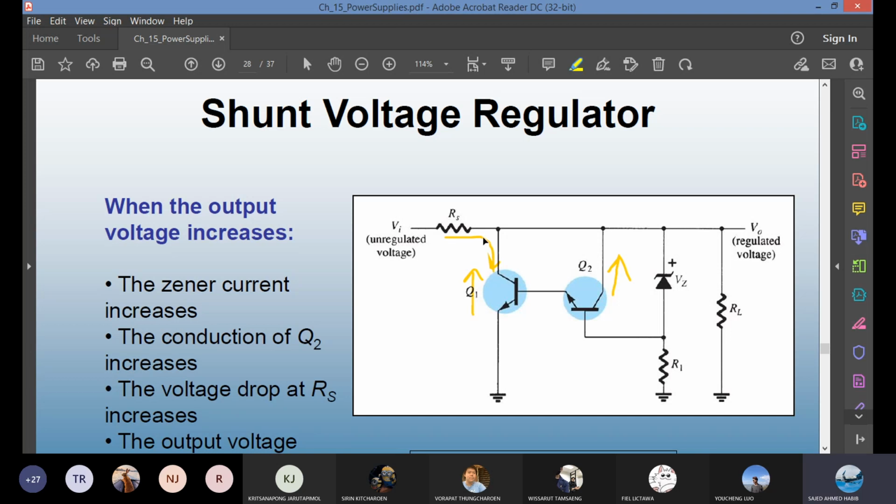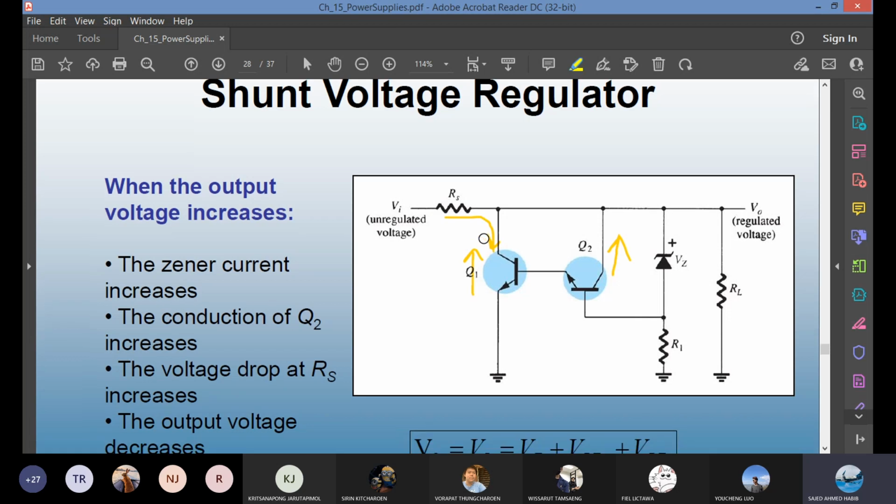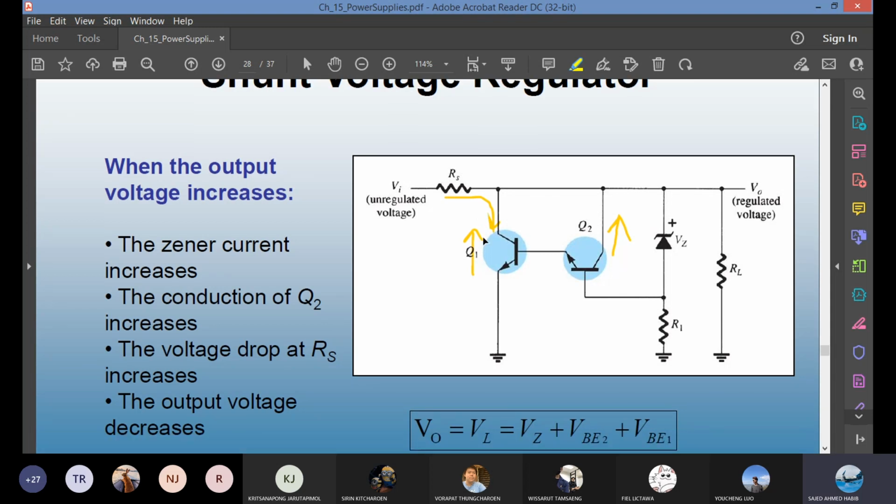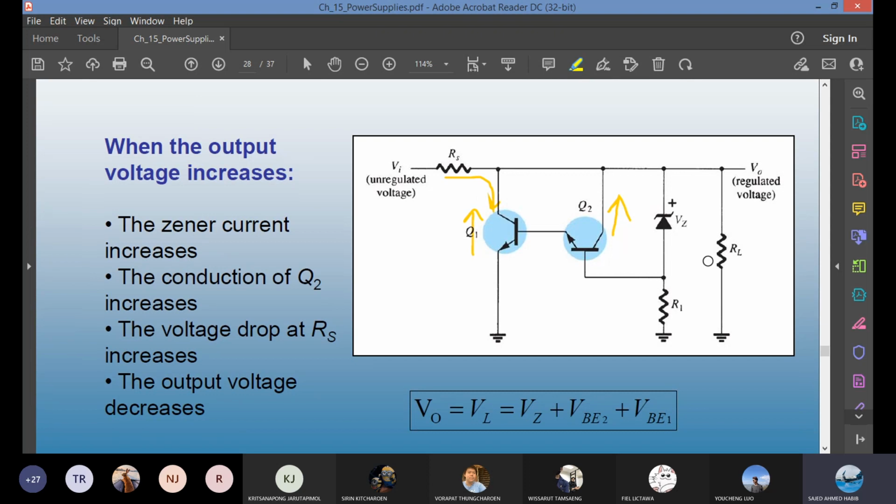Now I is increasing, the voltage drop will increase. When Q2 provides the larger base current to Q1, the regulator handles a larger load current. Once the voltage drop at RS increases, the output voltage will decrease because shunting will now happen.